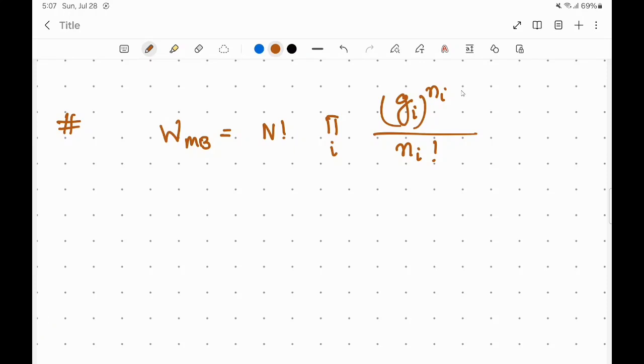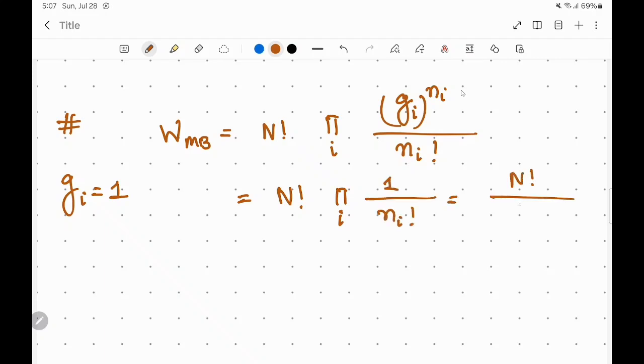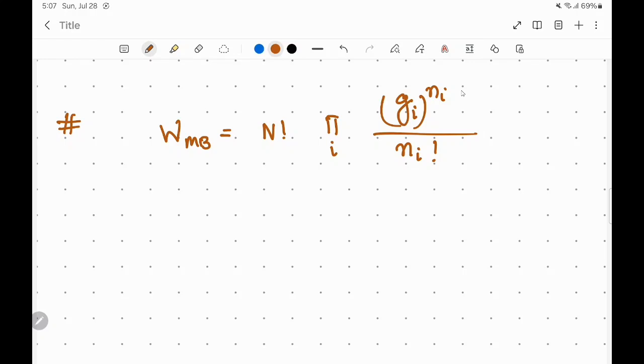Now, if there is no degeneracy, let's say g_i is equal to 1 for each i. If g_i is equal to 1, so easily you can write it N factorial into 1 by N_i factorial. That essentially means N factorial. So this formula we know. But when there is a degeneracy, you have to consider the general formula. So this is our main formula.